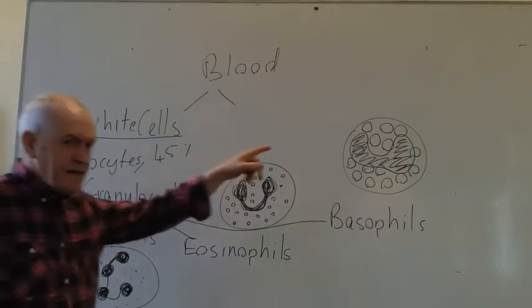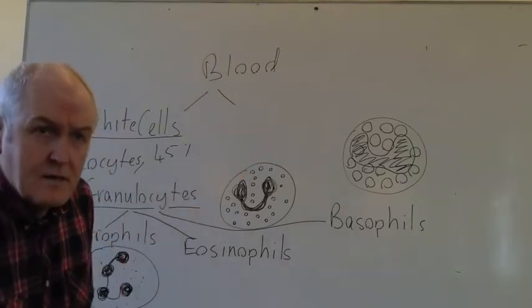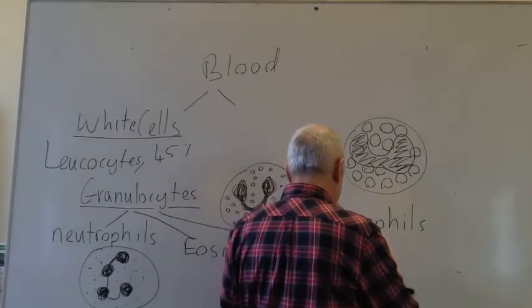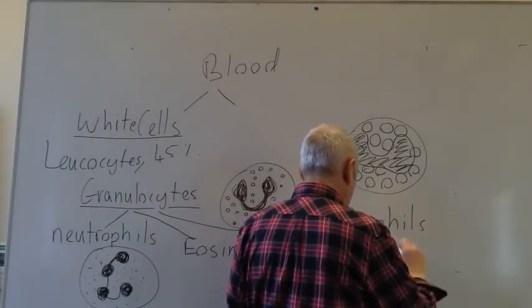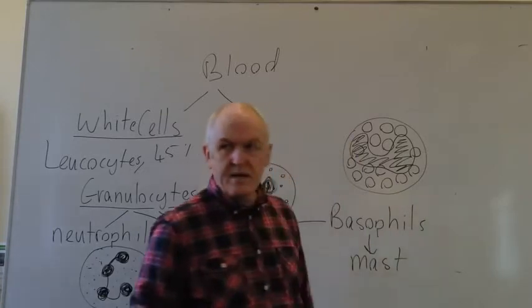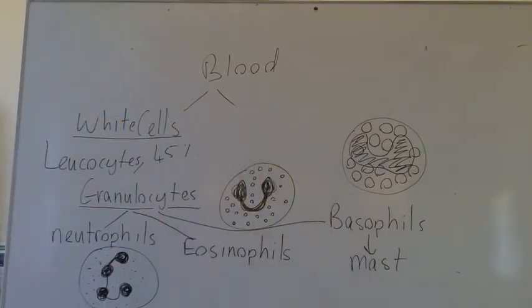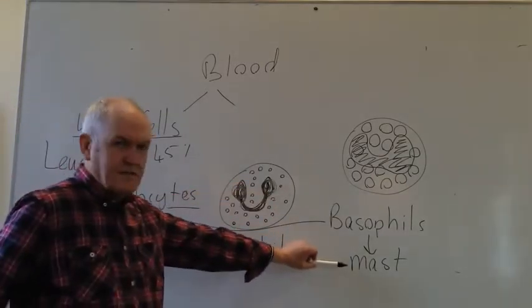Now you don't get many basophils in the blood, but what the basophils do is they migrate into the tissues. And in the tissues they're called mast cells. So the basophils migrate into the tissues where we call them mast cells.